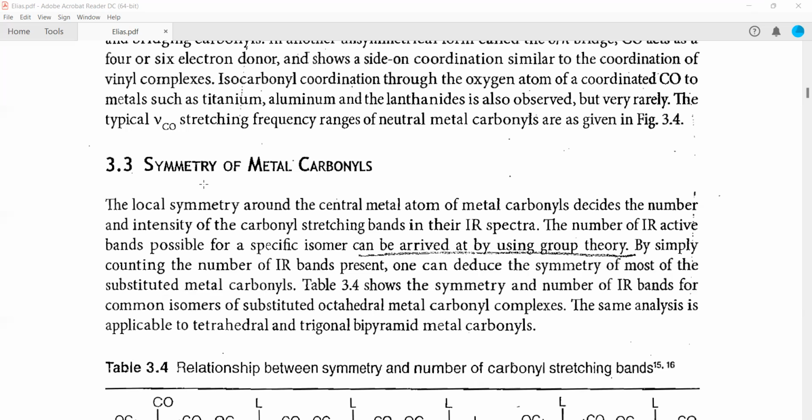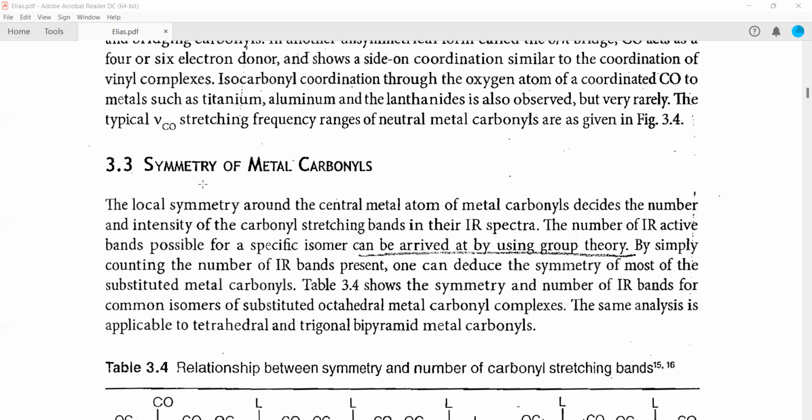To know the structure, IR can help. You take the IR, and now you know how many peaks there are for carbonyls, and from that you can get to know the structure.